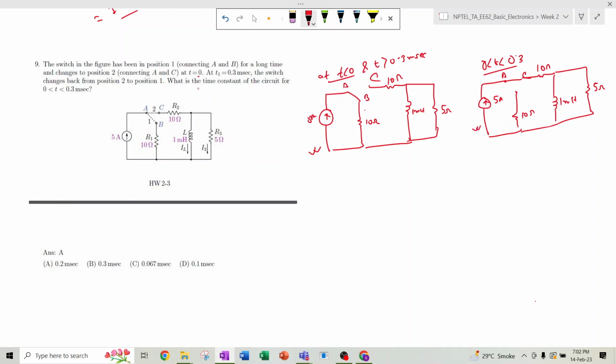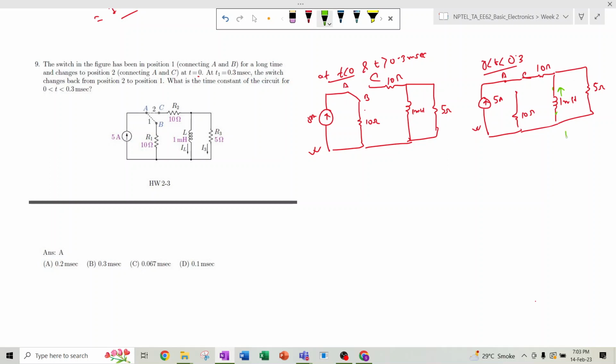So now the question asked is, what is the time constant of the circuit for t 0 to 0.3 millisecond? For this we should consider this circuit. How to find the time constant? As we have already discussed, the time constant can be found if we open this inductor, open this terminal and look from this side.